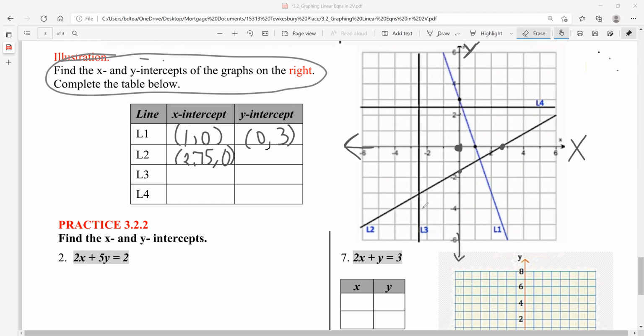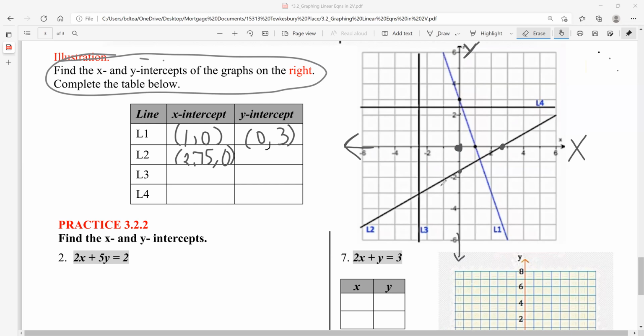So again, we're looking at line 2, the y-intercept. The x-intercept is where it crosses the x-axis, and the y-intercept is where it crosses the y-axis.